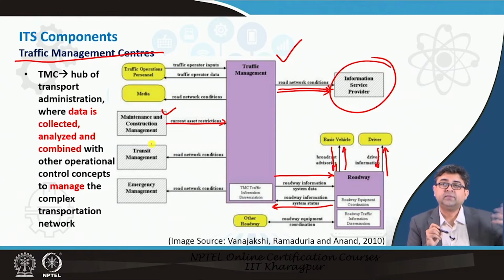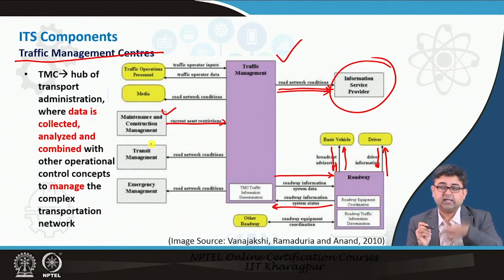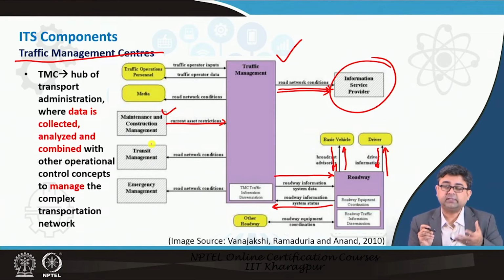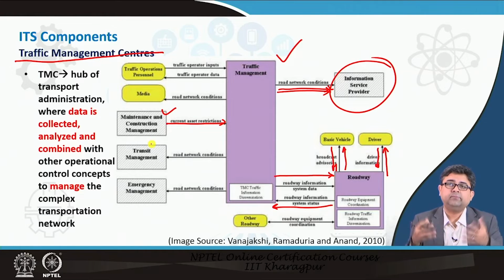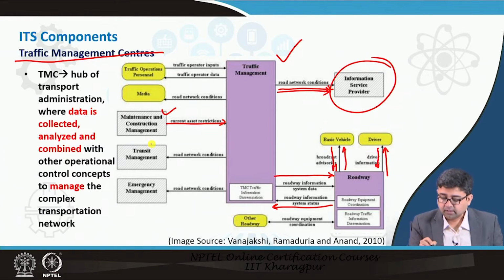Suddenly there is roadway construction going on in one part of the city. That information must be only coming in to the TMC, which then converts it into some type of travel time or travel delay and forwards it to the information service provider.